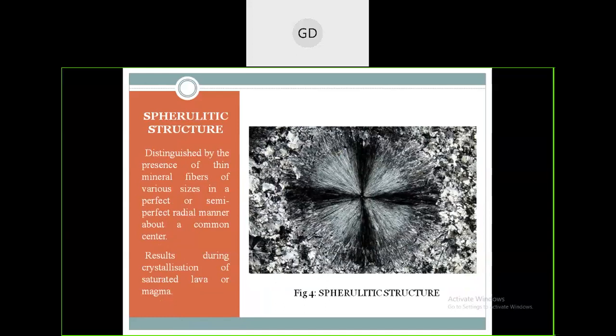This type of rock can be characterized by the presence of thin mineral fibers of various shapes and sizes, arranged in a radial manner, with a common center. You can see they have a common center. If you see this type of rock, you can say that it has a spherulitic structure.